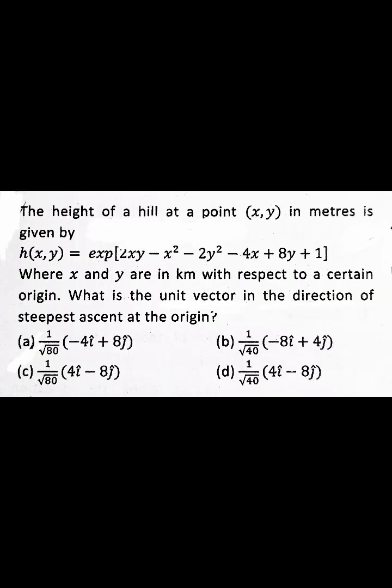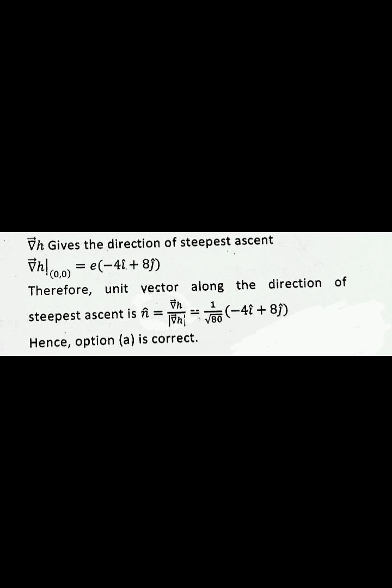Next question is, the height of a hill at the point x, y in meters is given by h equals exponential of 2xy minus x² minus 2y² minus 4x plus 8y plus 1, where x and y are in kilometers with respect to a certain origin. What is the unit vector in the direction of steepest ascent at the origin? Here we know that ∇h gives the direction of steepest ascent.